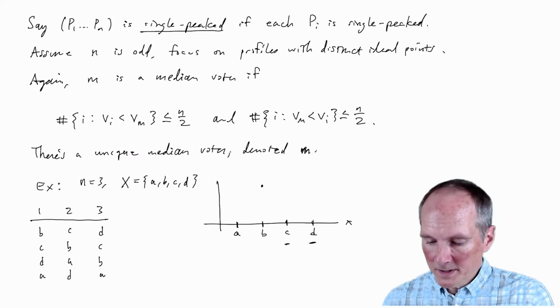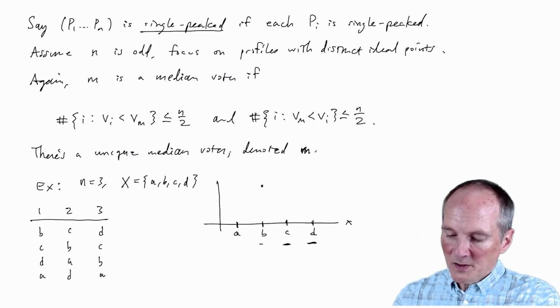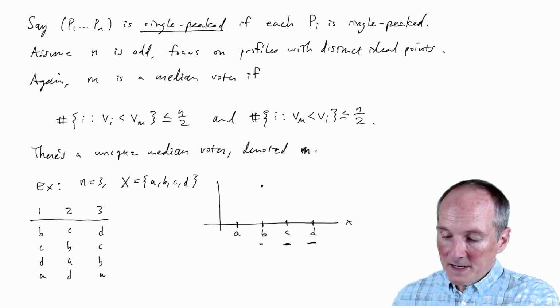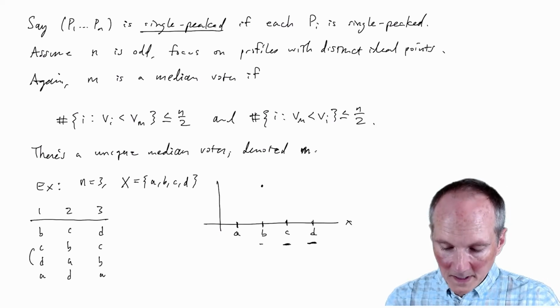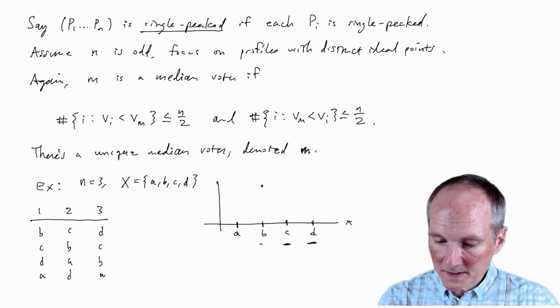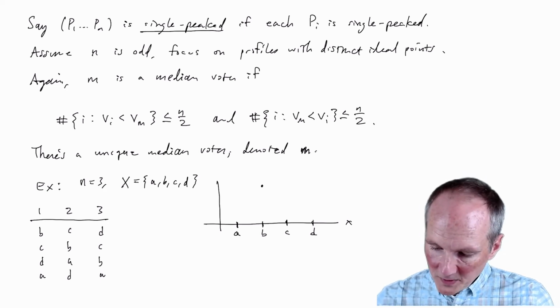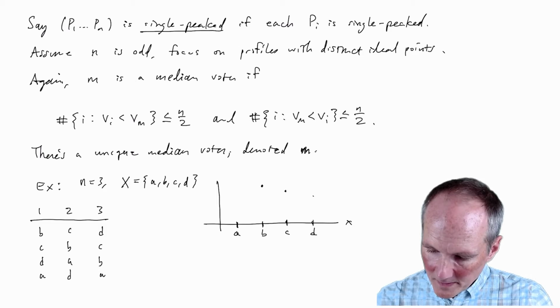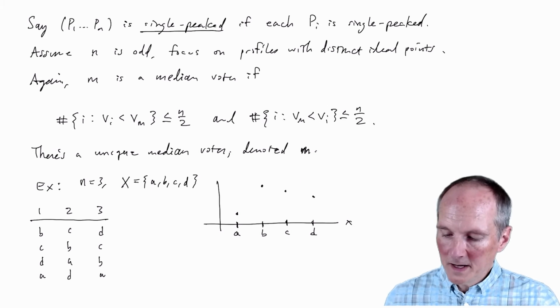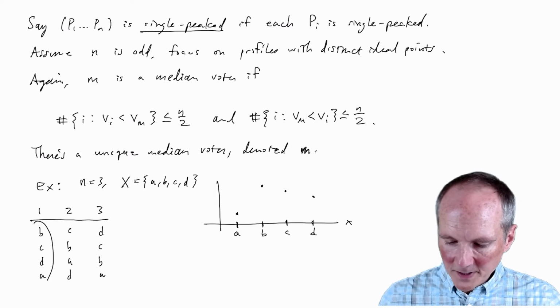Okay, so for person 1, the ideal point is B. If we take C and D to the right of that ideal point, it better be that D is worse than C. Let's check. It is, right? C is better than D. So if I were going to plot utilities for these guys, I could do something like this and I'm going to put A's utility down here. Okay, so for person 1, this preference relation here is going to be single-peaked, right?